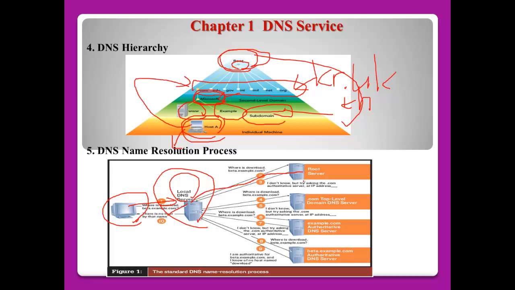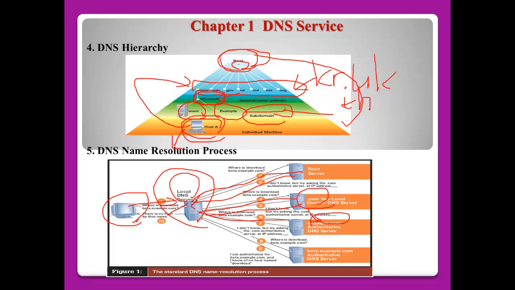The root name server does not have the information, so it just replies to the local DNS server with information about only the .com name server. And then the local DNS server will query the .com name server. This one also does not have exact information about the domain name example.com, so it will reply with information about the DNS server of example.com.